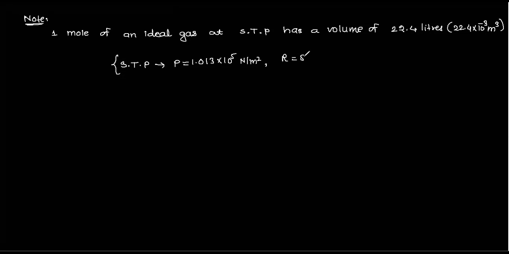Next, R is equal to 8.31 joule mole inverse Kelvin inverse, and temperature T is equal to 273 Kelvin, n is equal to 1. Okay, right? So this is the STP case, and this is the volume for this case. Okay, so let's move to the next topic now.